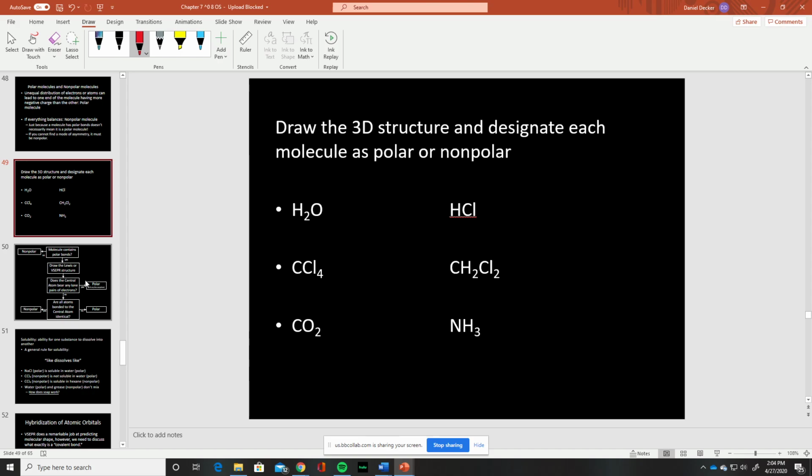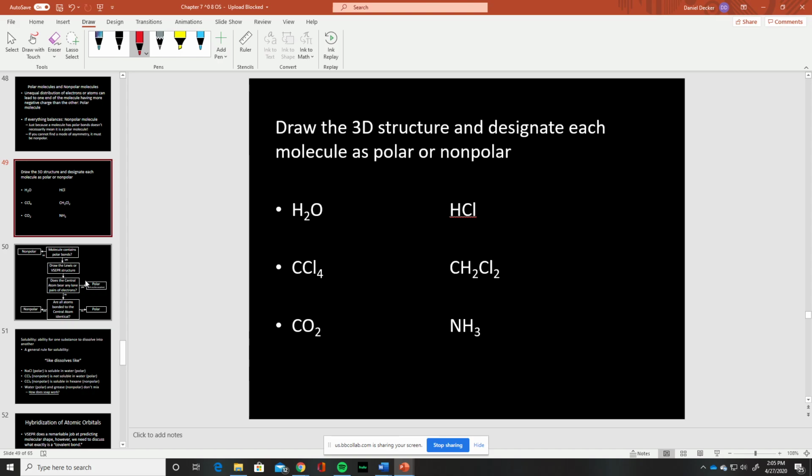Pretty straightforward. The second type of question is I give you a molecule and I describe it, or I give you a picture, and you have to tell me if the molecule is polar or not. Actually, I think you have to tell me both: does this molecule have polar bonds, and is the molecule polar?